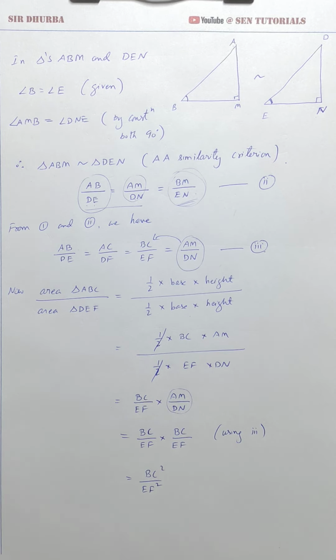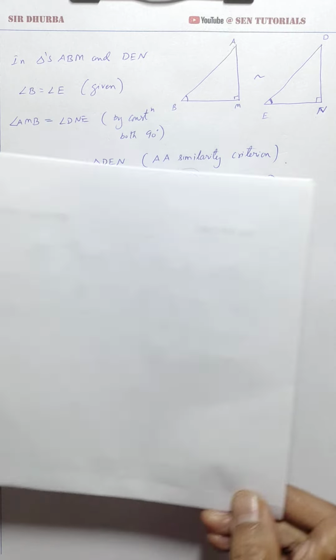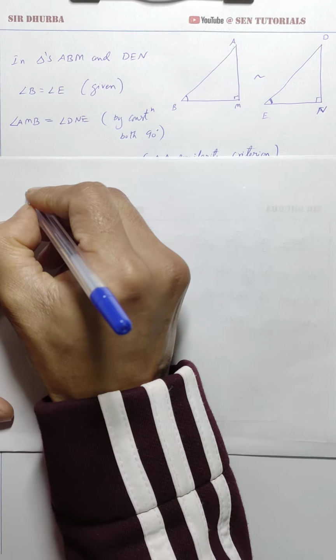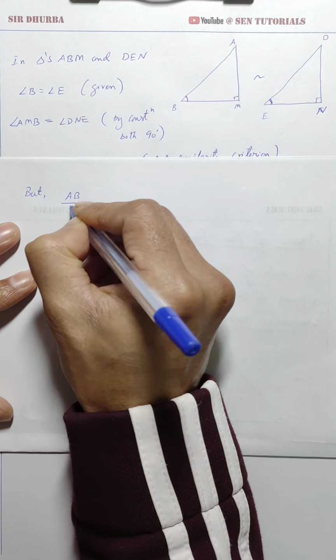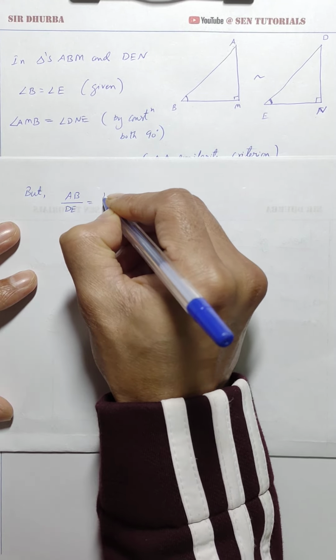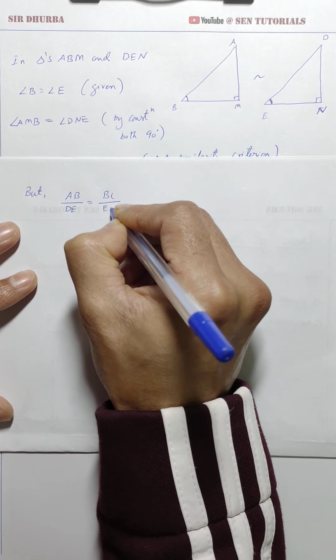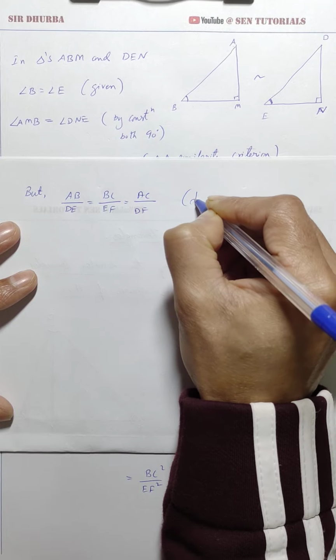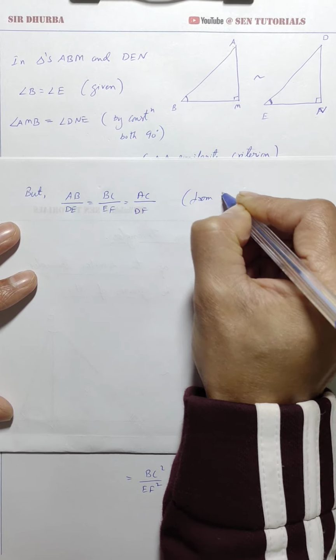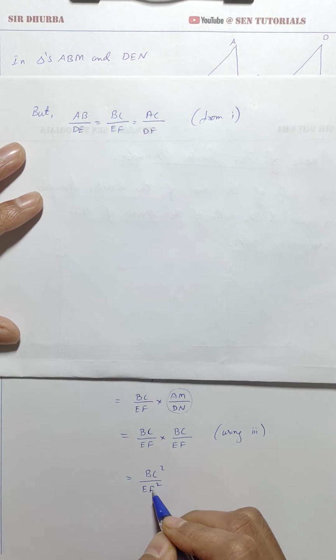Now have a look here, I'll just continue here. But we also have that AB by DE is equal to BC by EF is equal to AC by DF. This was from equation 1. Now BC square by EF square.